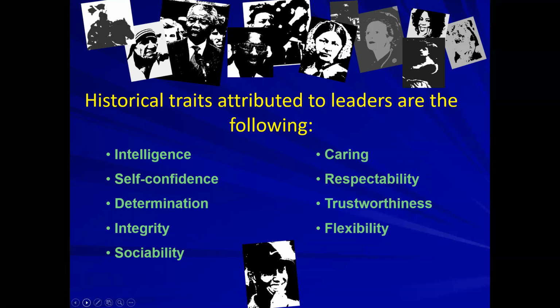They've been very caring, and they empathize to the needs of others, to the situation of other people. The respectability is very high. They've been trustworthy, and they become very flexible also to the situations of their subordinates, or to the people around them. So these are qualities that a leader must have.